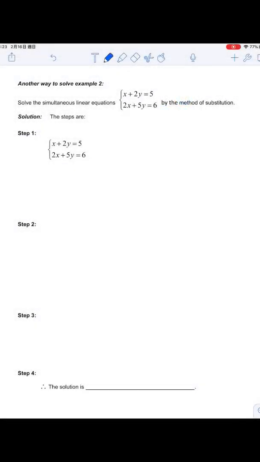For the previous example, we made x the subject of the equation. Can we make y instead? Now, let's try another way to solve example 2, the same question. Here, similarly, we label the two equations as equation 1 and equation 2.